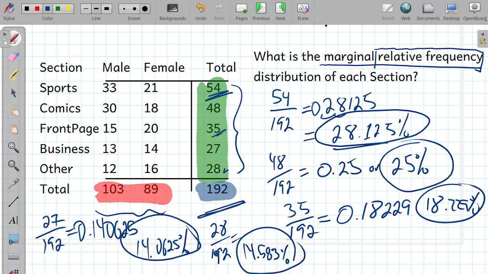So let's do that. 28.125 plus 25, now we have 18.229. I'm just going to do the monkey work here in the background. And then there's 14.0625 and 14.583. Woohoo!